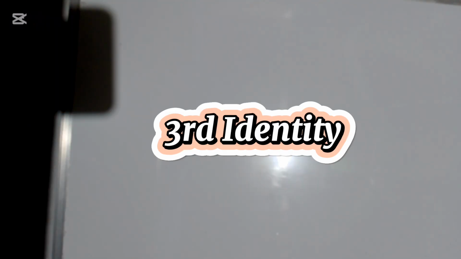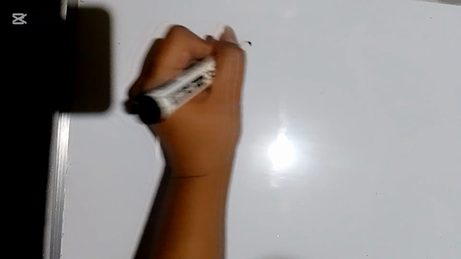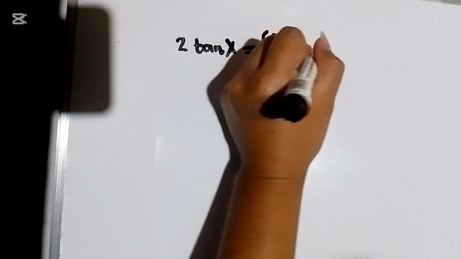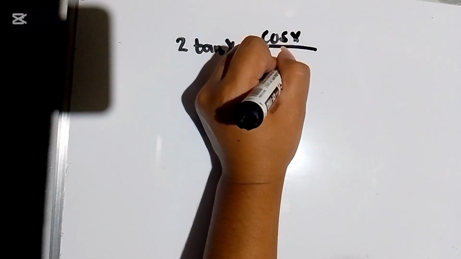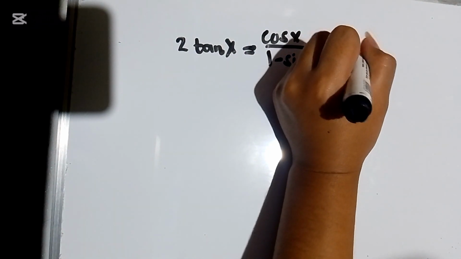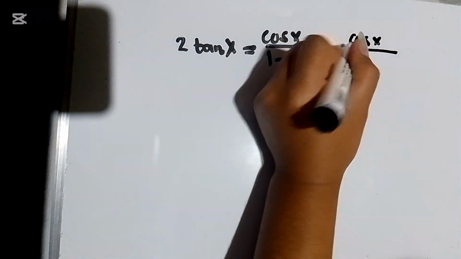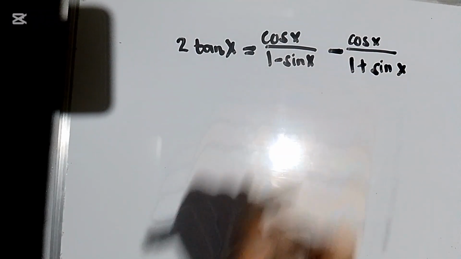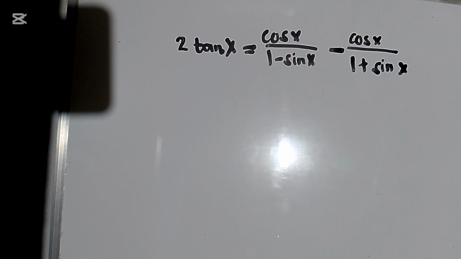Now, let's proceed to the third identity. 2 tan x equals cos x over (1 - sin x) minus cos x over (1 + sin x). To simplify this expression, first we need to find the common denominator.